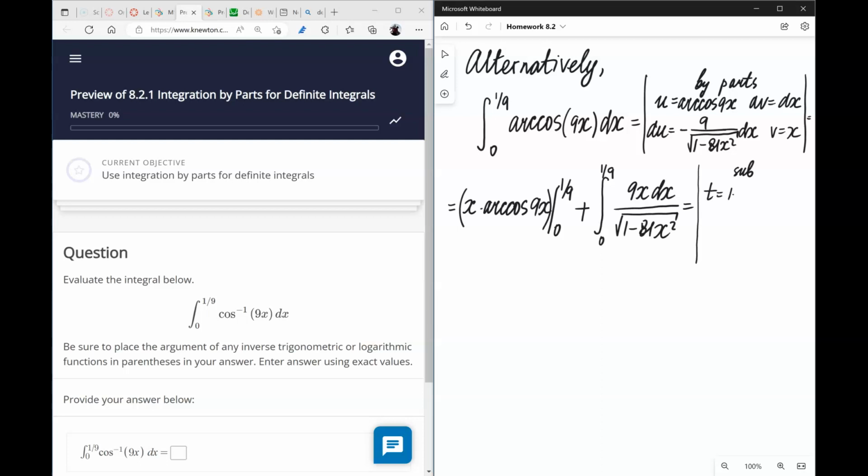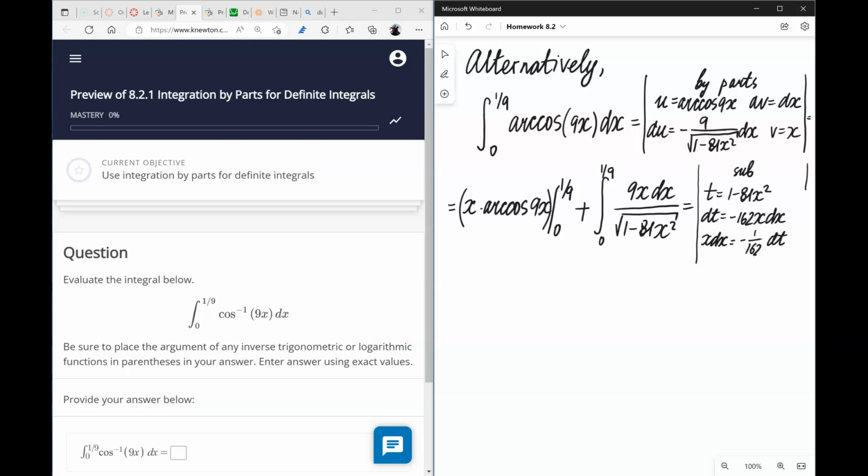T is equal to 1 minus 81x squared. dt is equal to negative 162x dx, meaning that x dx is negative 1 over 162 dt.